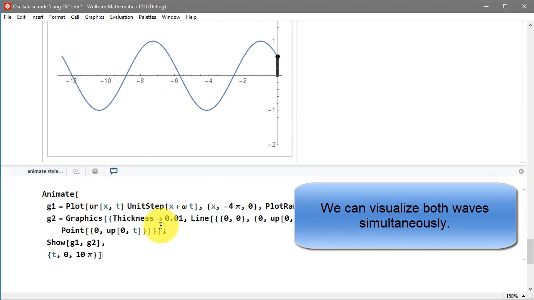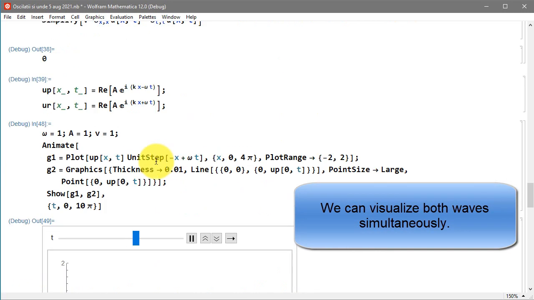We can visualize both waves simultaneously.